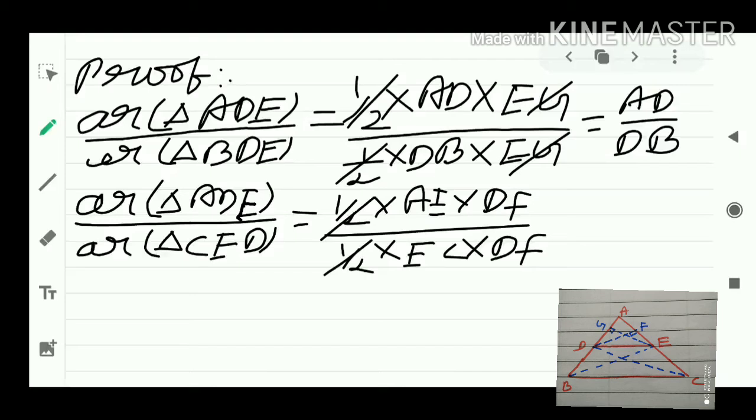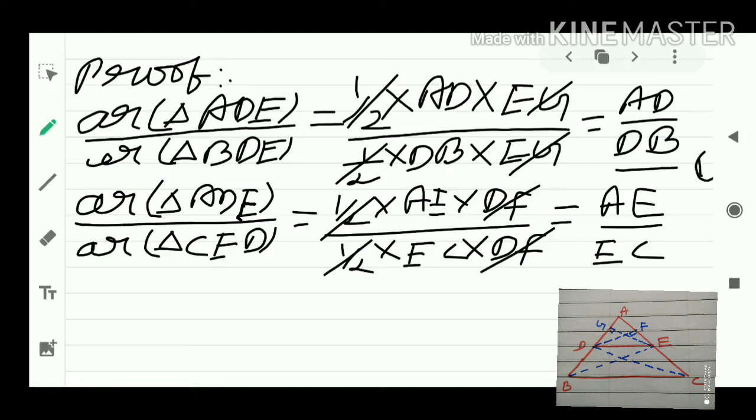Again cancel 1 by 2, DF and DF, we get AE by EC. So take the above ratio as equation 1 and this as equation 2.